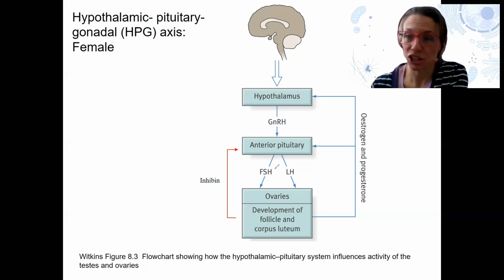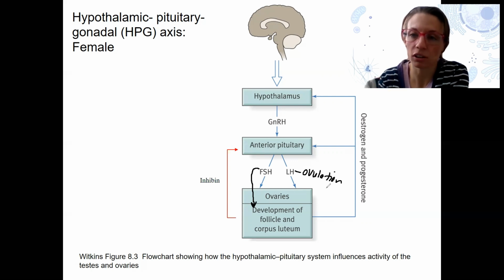And one thing I want to just say right now here is that FSH is going to be involved in the development of the follicle. There is an arrow here as well, but really LH is going to be the trigger for ovulation. It's going to trigger the release of the egg from that mature follicle, that ultimate burst, which is ovulation, the release of the egg.